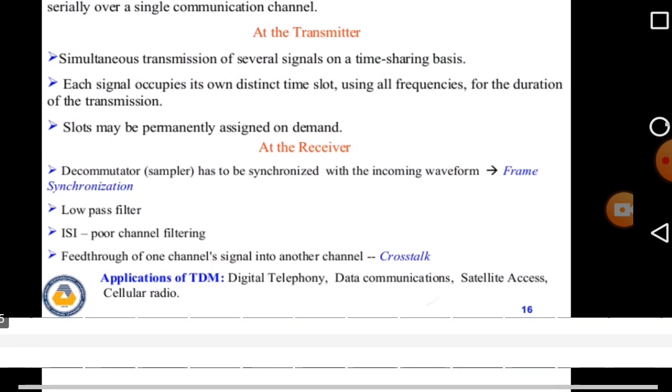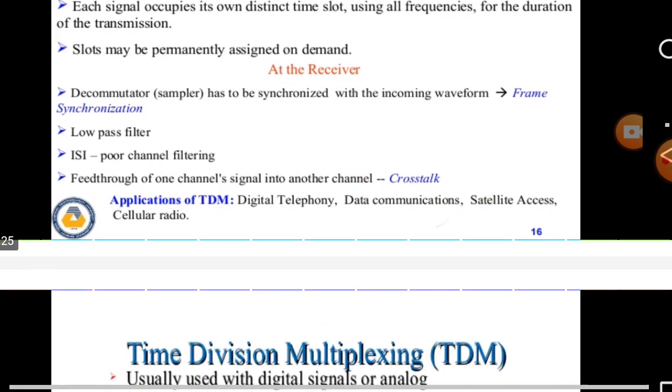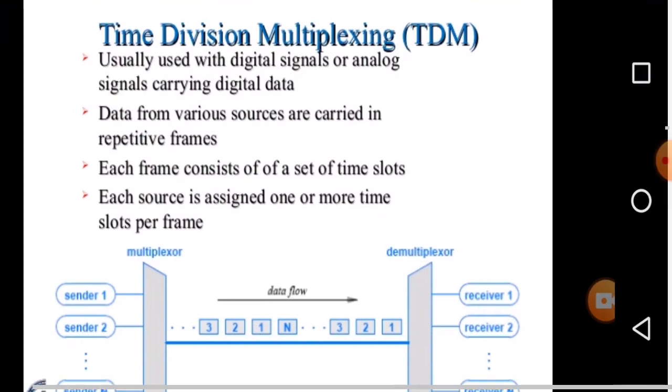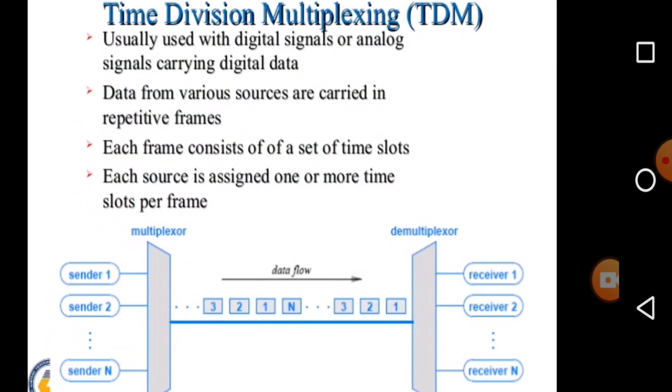Then applications of TDM: digital telephony, data communications, satellite access, cellular radio. Here is the working of time division multiplexing. You can see the available time is divided into a number of time slots, and each time slot is allowed to a particular sender.